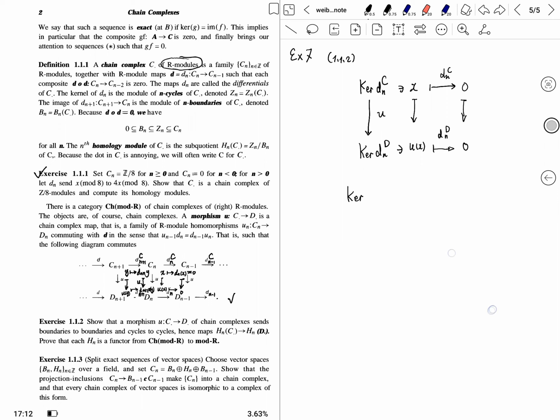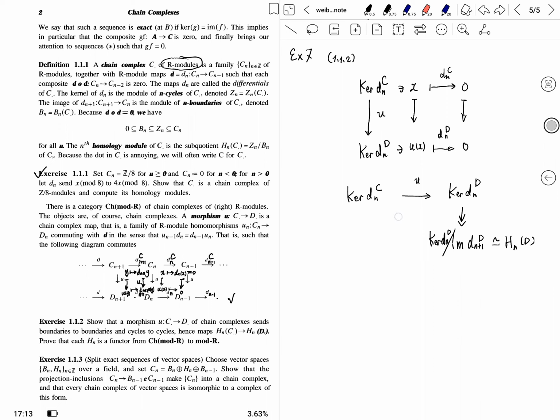But the quotient of the kernel by the image of Dn plus 1 of D is the definition of the homology group. Right, this is the Hn of D. And so you have a map that factors.